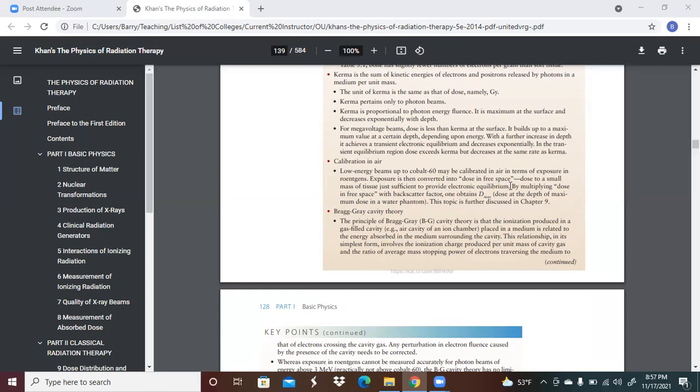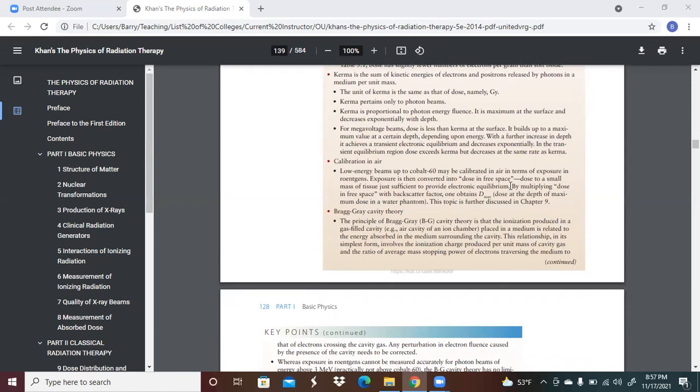We need that condition in order to do our measurements, but we don't want to perturb the beam that much further. So by multiplying dose in free space by a factor called the backscatter factor, we can figure out Dmax, the dose at the depth of maximum dose in a water phantom.